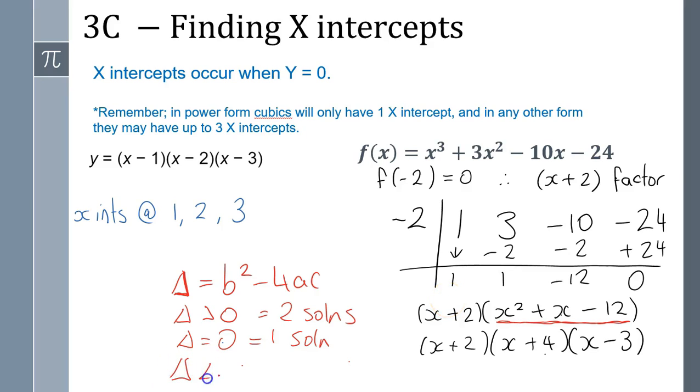If the discriminant is less than 0, then that quadratic there doesn't give us any solutions. So this one here is the only one we've got. You can run that discriminant every time, but for one like that where it's very, very quick to factorize, you can go straight to there. But just be aware, the discriminant is how we figure out how many solutions that quadratic function is going to give us.